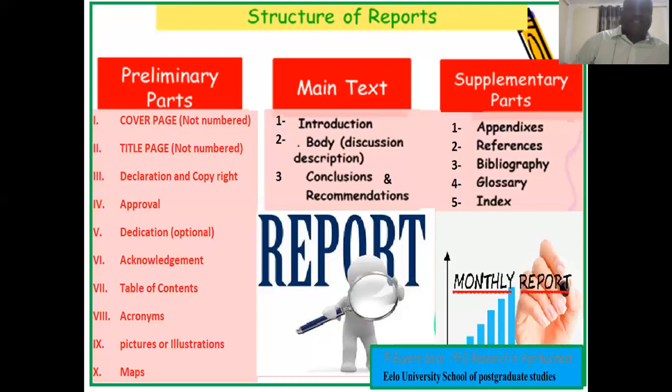So the main text is what we have been dwelling on in the previous chapters. It starts with an introduction, which is a brief of what is going to be covered in your report. The body gives the details, a discussion, description, and has several headings depending on the findings, depending on your objectives.